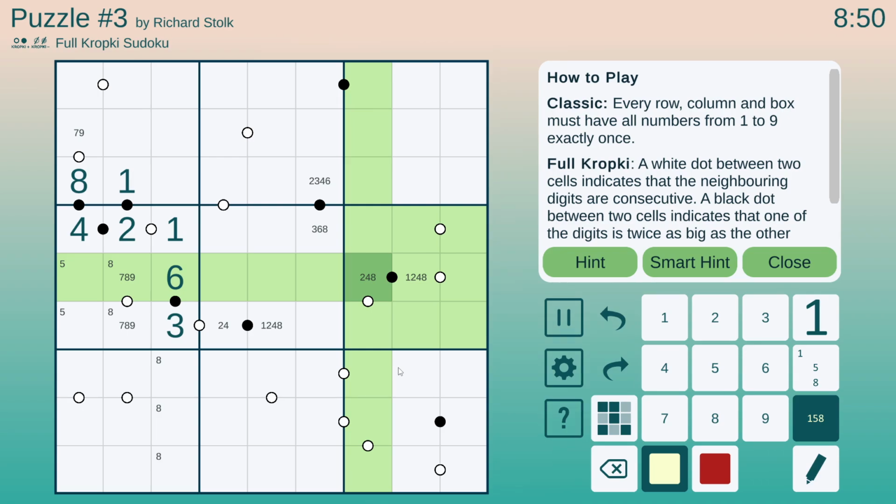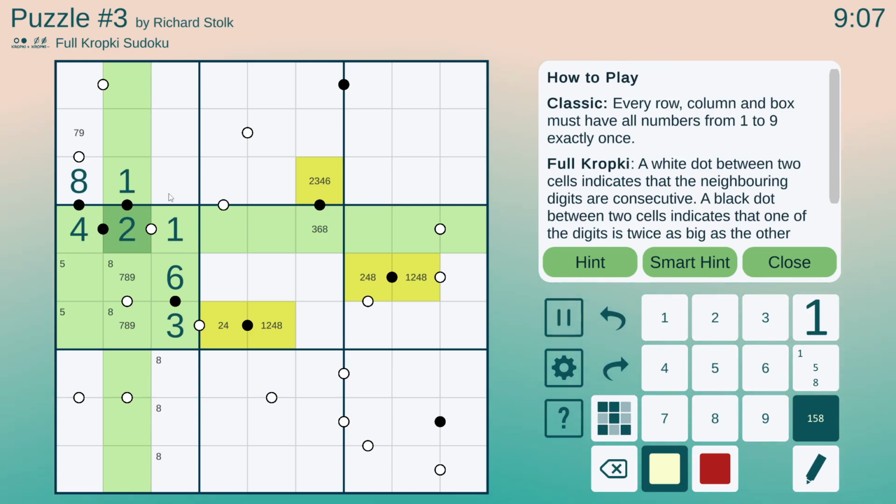I can't tell if that's useful yet. Ones kind of have a non-consecutive thing going on with 2s here, which does affect this cell. But I don't really see it doing much more. 3 similarly in this region is affected. I think I should keep looking at the dots.